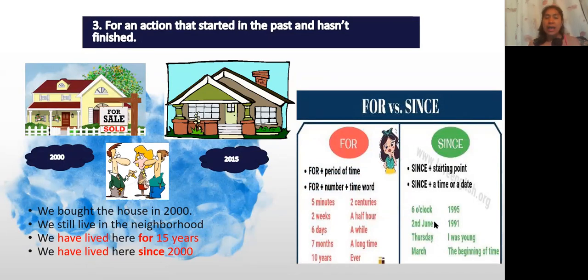When you express actions that started in the past and haven't finished, you have two words: for plus a period of time, or since plus the starting point when the action started.